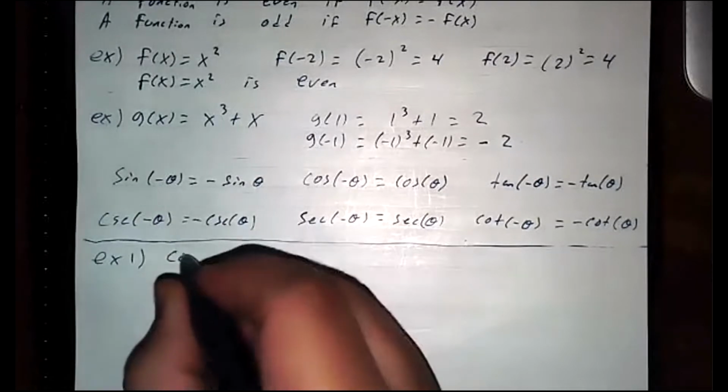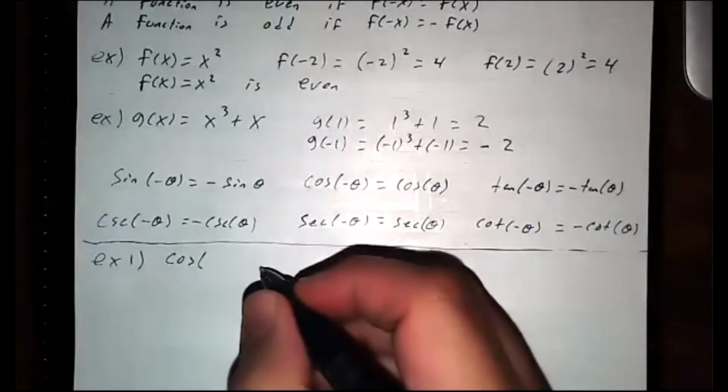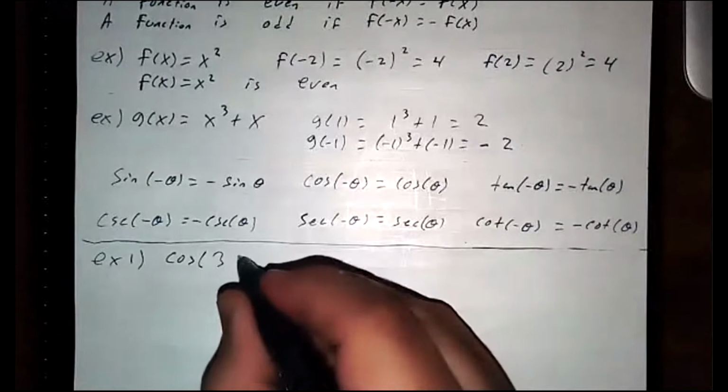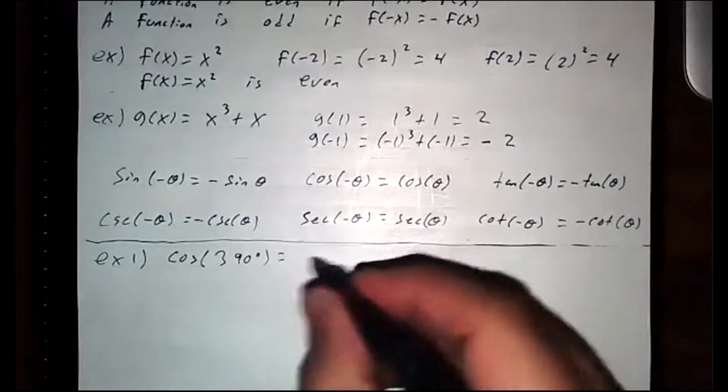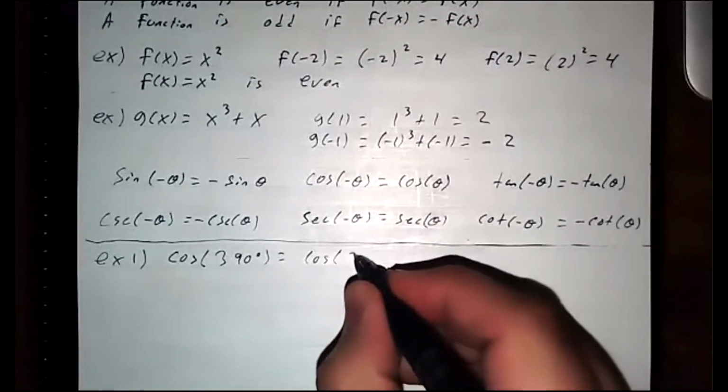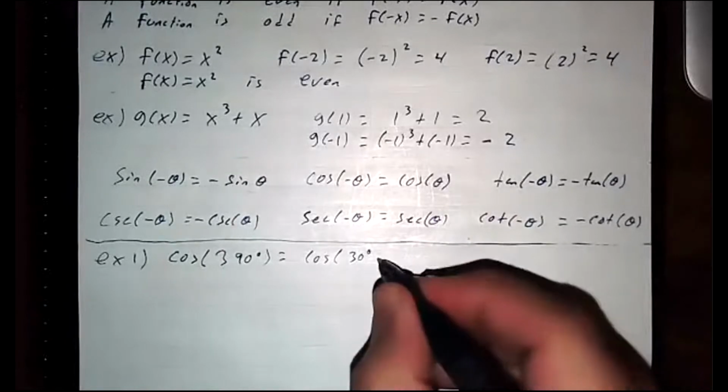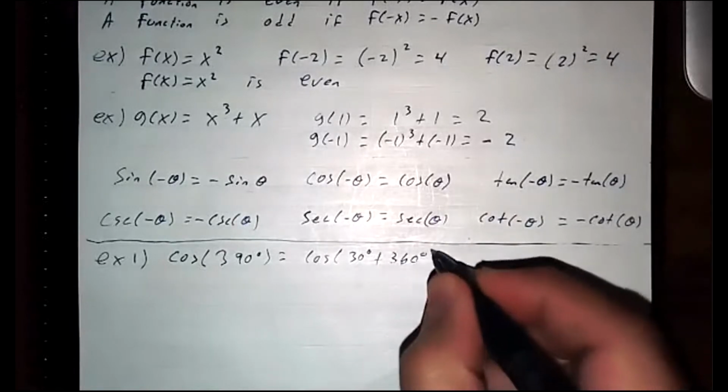So cosine of 390 degrees. You agree that that's the same as saying cosine of 30 degrees plus 360, right?